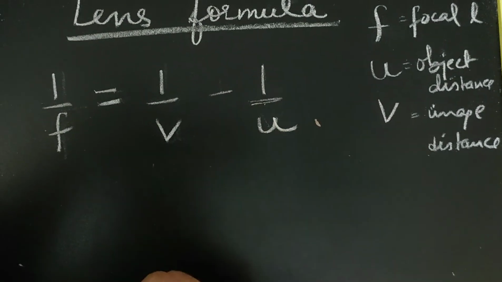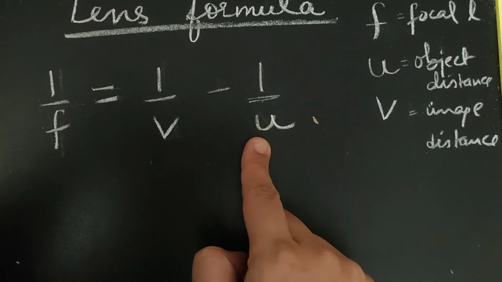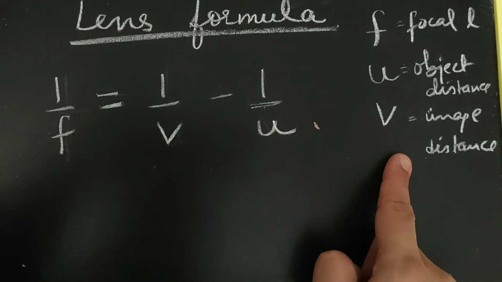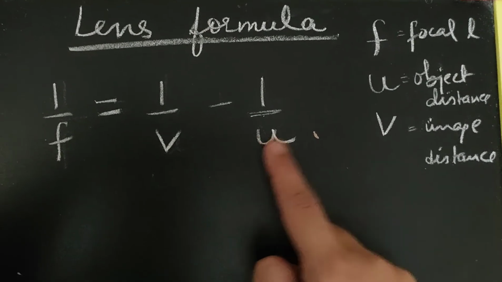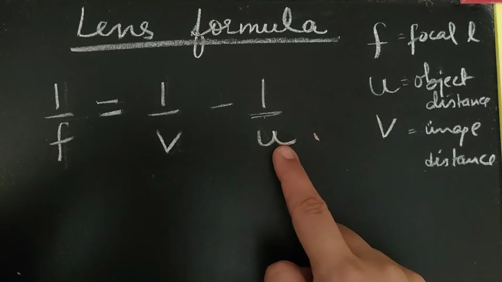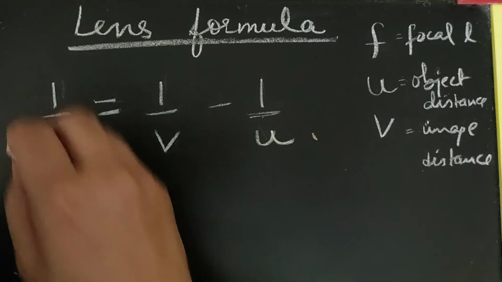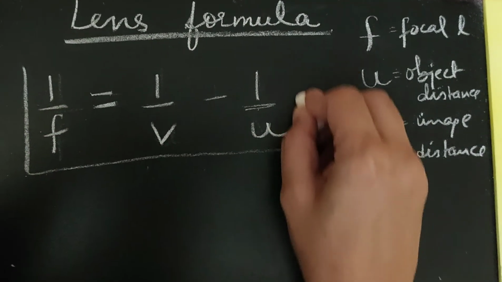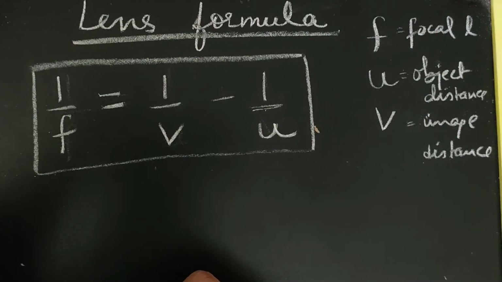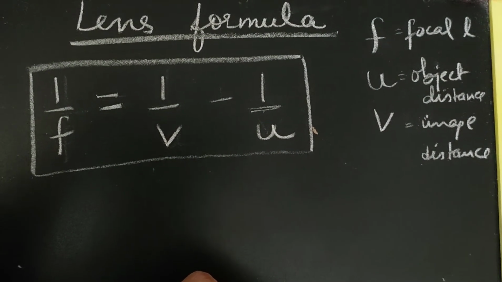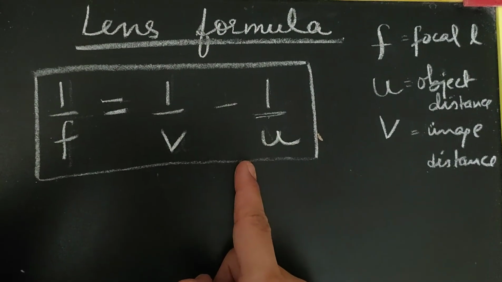So the formula is 1 by f is 1 by v minus 1 by u, where v is the image distance, that means the distance between the optical center and the image, and u is the object distance, which is the distance between the optical center and the object. So this is the lens formula. We will be doing numericals on this formula. 1 by f is 1 by v minus 1 by u. Remember, in case of mirrors, it was 1 by f is 1 by v plus 1 by u.